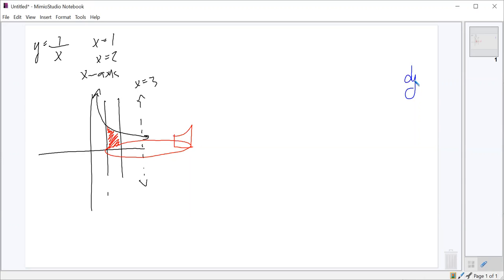First off, the outer radius, no matter what, is always going to come from this vertical line x equals 1, right? The distance from x equals 1 to x equals 3 is always the outer radius of this thing. So our outer radius is 3 minus 1, or 2. Everybody okay with that?